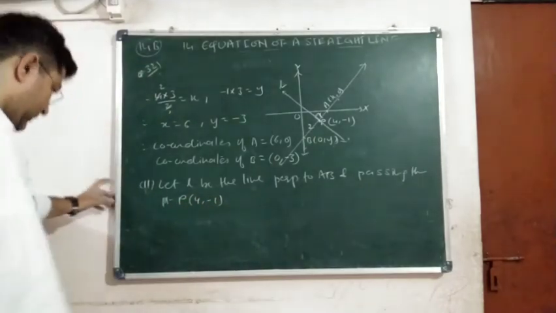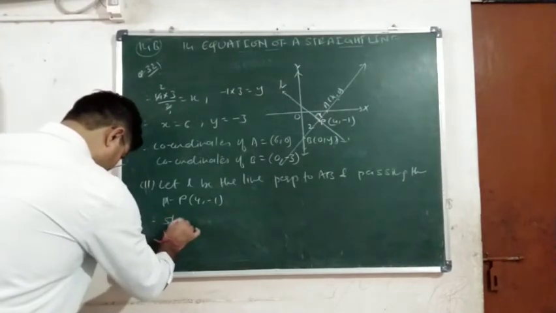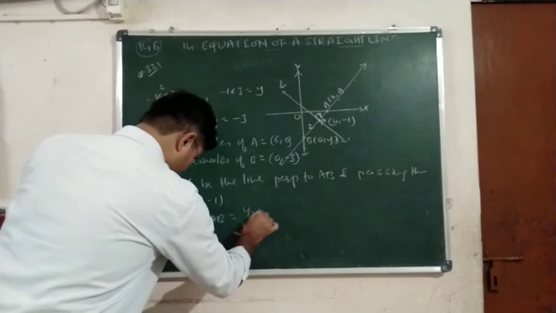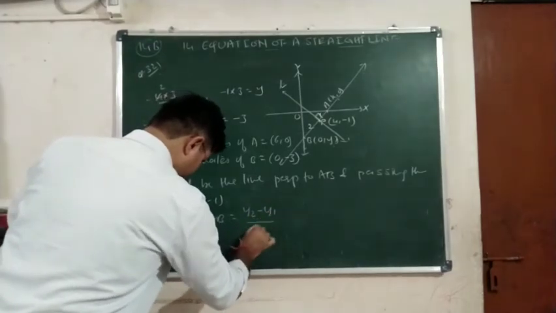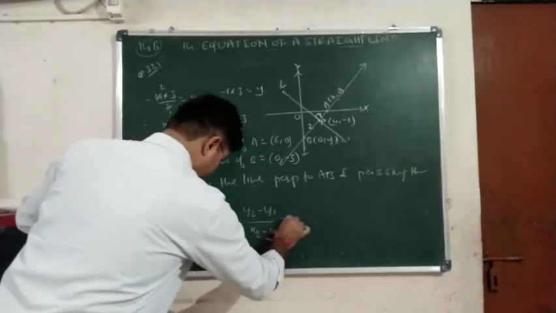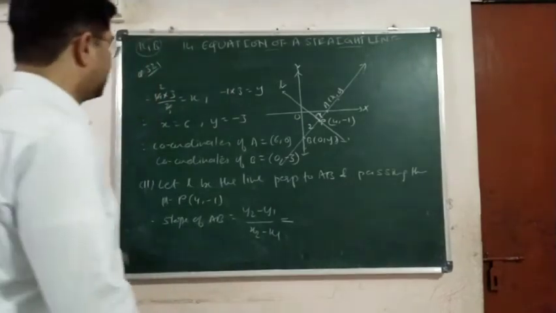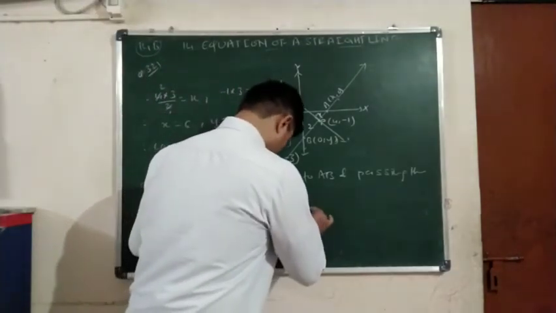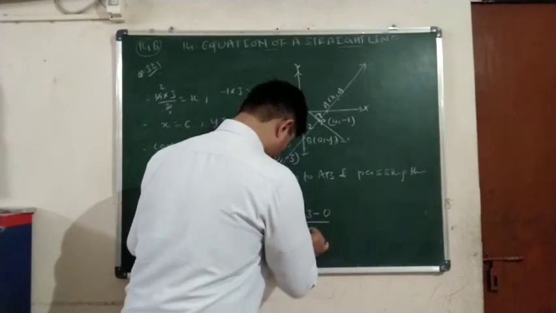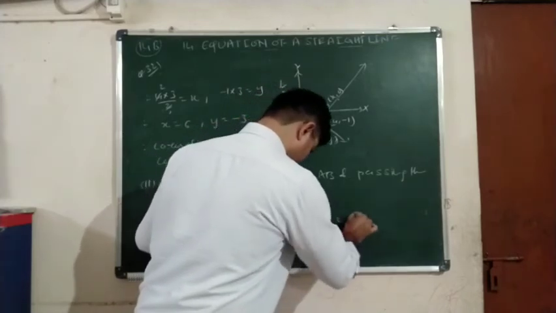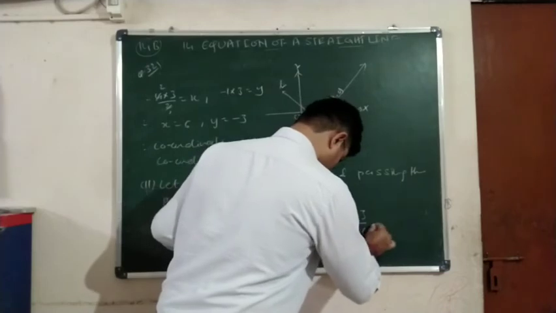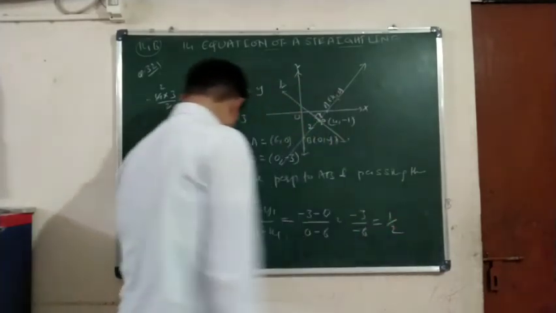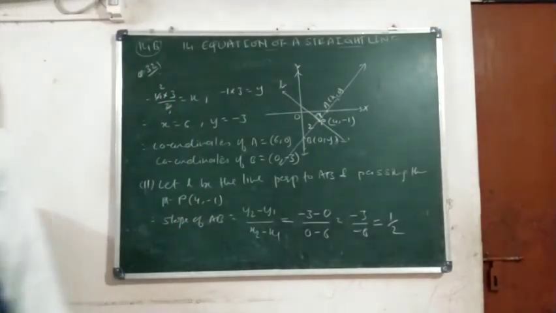So we will calculate the slope of AB. Therefore, slope of AB is equal to y2 minus y1 upon x2 minus x1, which is equal to minus 3 minus 0 upon 0 minus 6, which is minus 3 upon minus 6, equal to 1 upon 2. So we got the slope of AB.